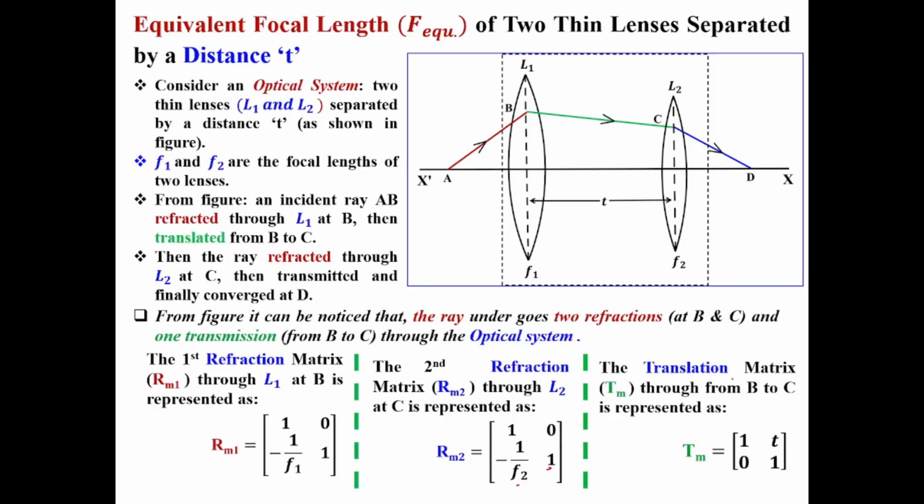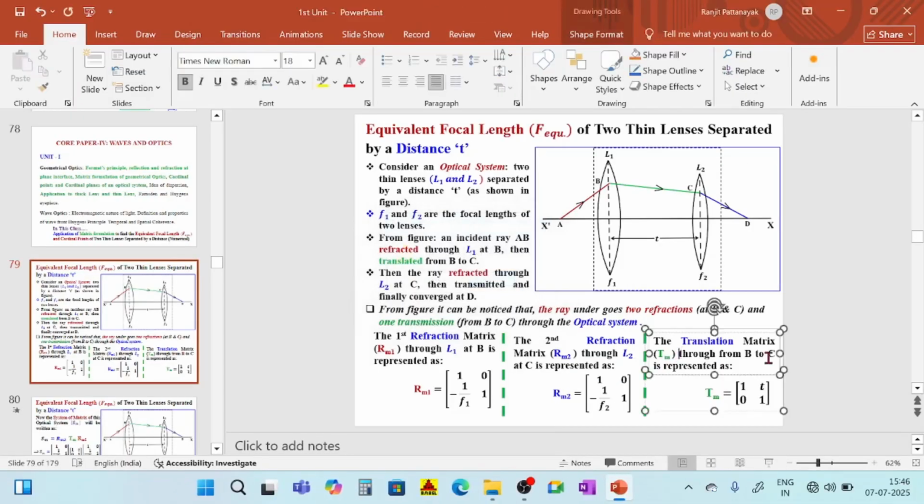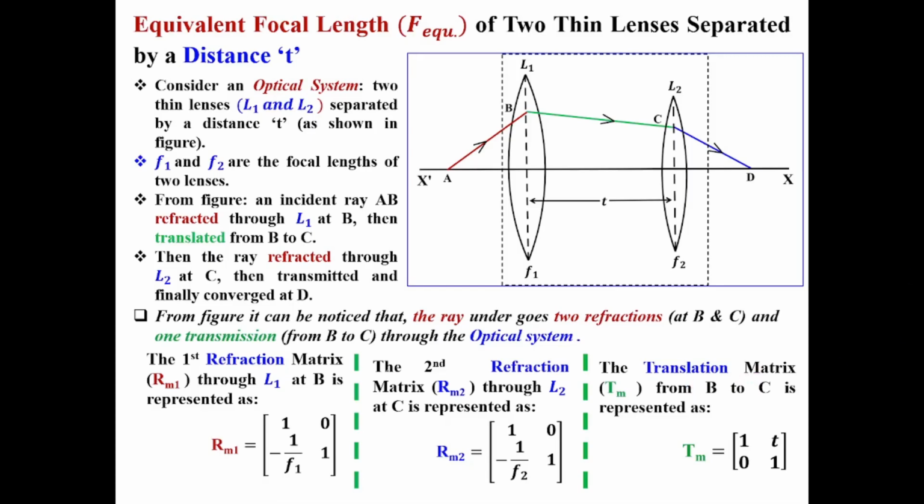Then the translation matrix Tm from B to C, which happens in between the two lenses, is represented as [1 t; 0 1].